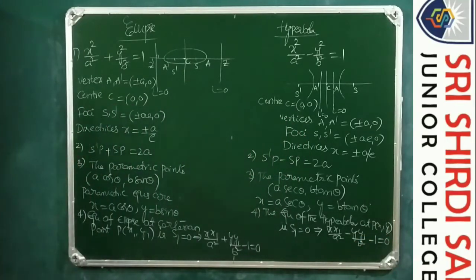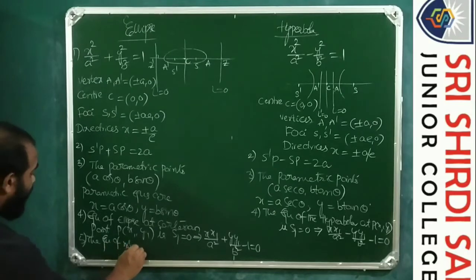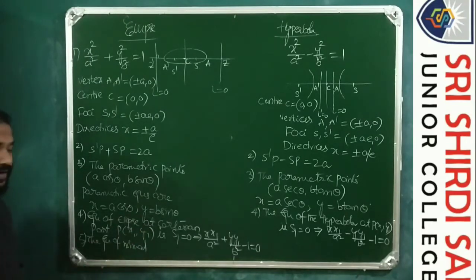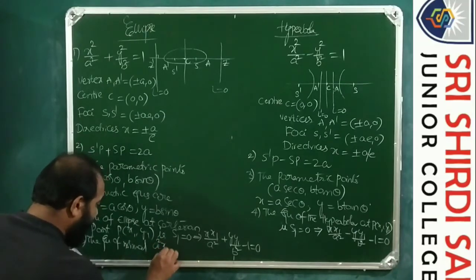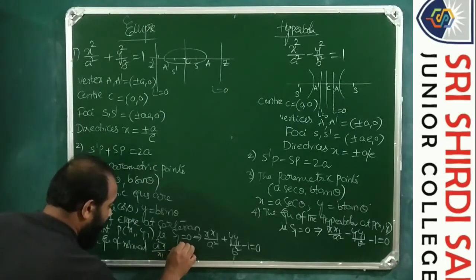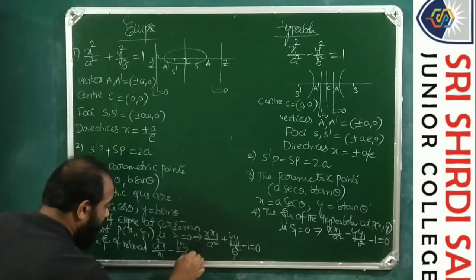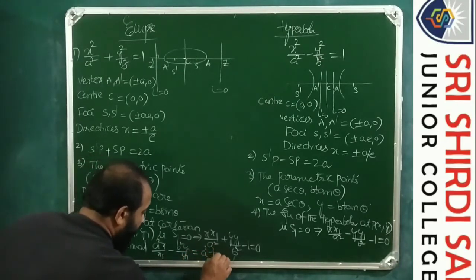So here the equation of normal at the Cartesian point is a square x by x1 minus b square y by y1 is equal to a square minus b square.